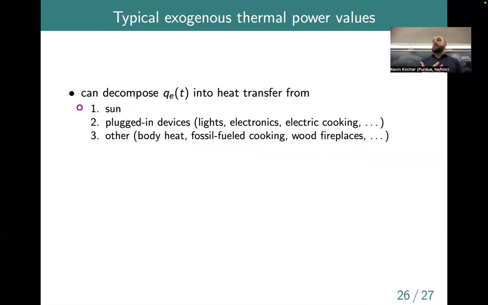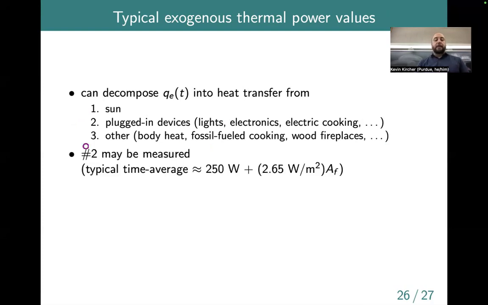One is heat gain from the sun, sunlight coming in through the windows right now. Another would be the plugged-in stuff, so projector, lights and so forth. And a third would be body heat. Each of our bodies typically gives off around 100 watts, more or less continuously. But also things like cooking, burning wood in fireplaces, and stuff like that.